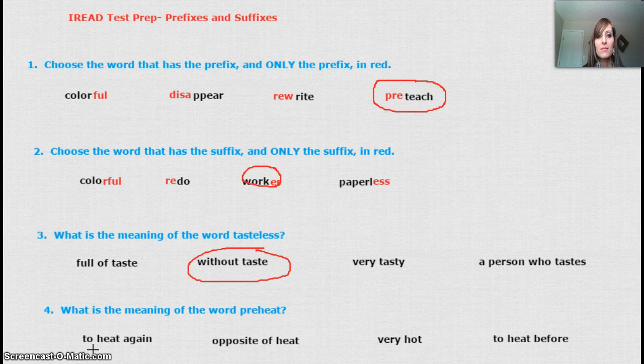To heat again? No, that would be reheat, trying to trick us again. Opposite of heat? Absolutely not. Very hot? I don't think so. To heat before. Yeah, pre means before, and if you preheat something like the oven, you heat it before. Let's circle that answer.